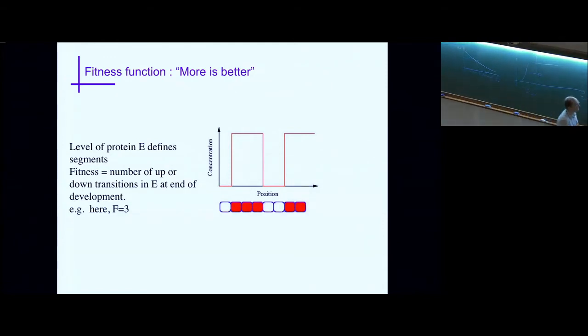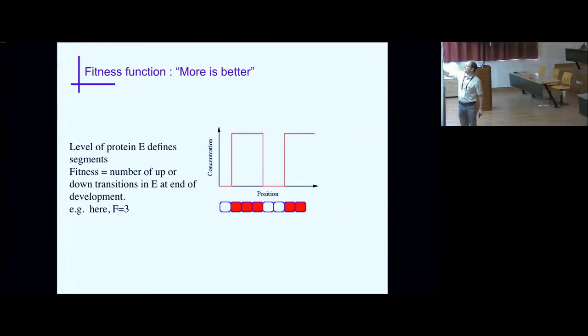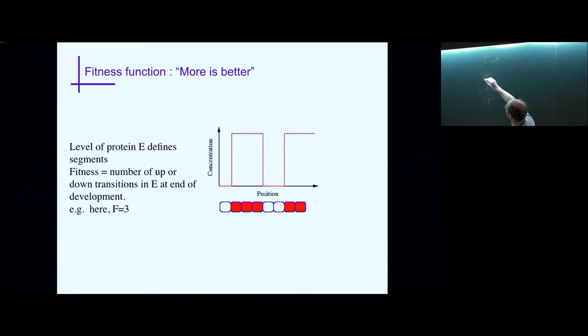Okay, so I have my input. I have network dynamics, and I don't know what it is yet, because this is what I want to evolve. It's kind of a black box. And then I have some output gene. I impose the input.